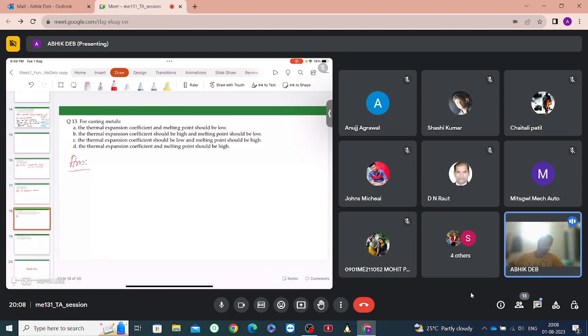Do we need it high or low? Sir, I think both need to be low. So the person who said it should be high, is it clear why it should not be high? Because if it is high, then it will contract more, and we have to give a greater allowance for that, in the riser or any other allowance that has to be taken care of.